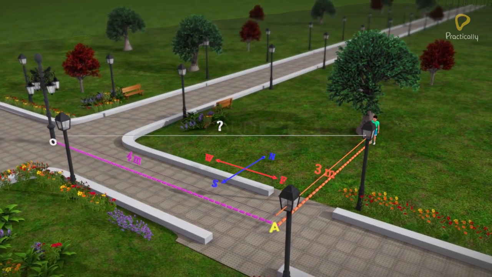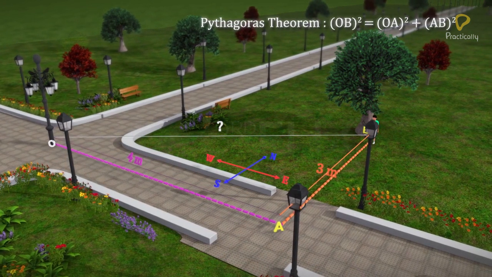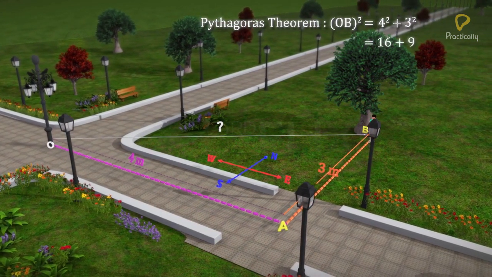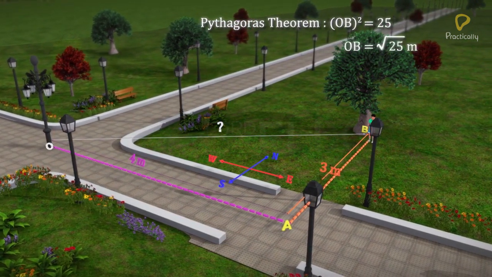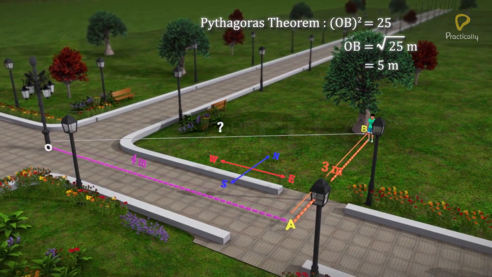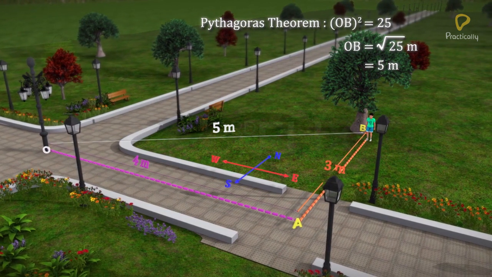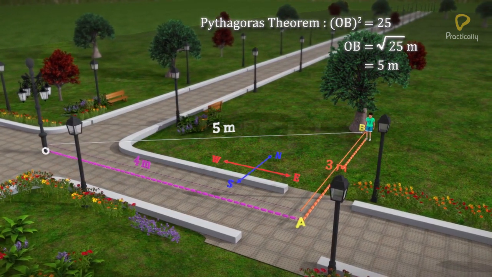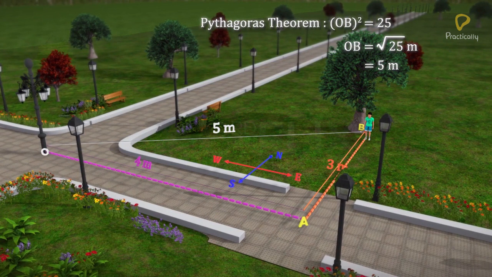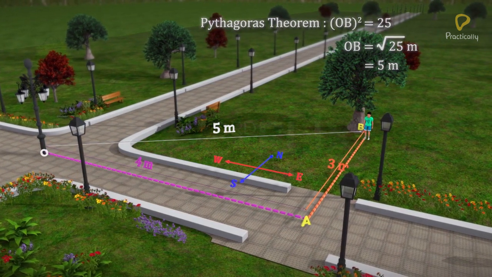In this case, we can use Pythagoras' theorem to get the final position of the boy. The final position of the boy is at a distance of 5 meters from the starting point along the line joining OB. You can observe that our concerned quantity, the position of the boy, has not been added algebraically.